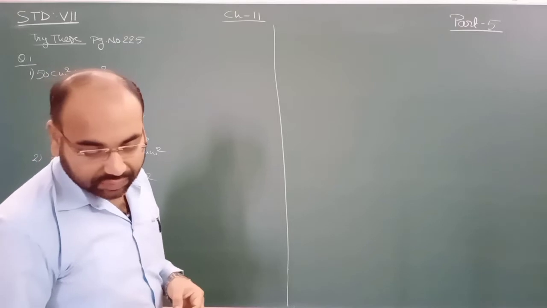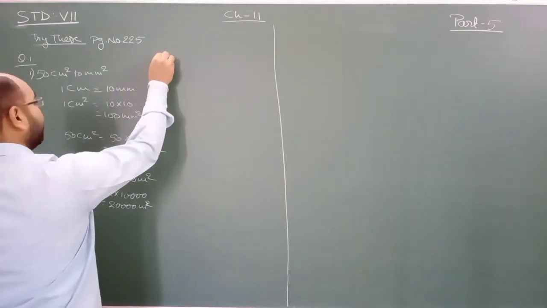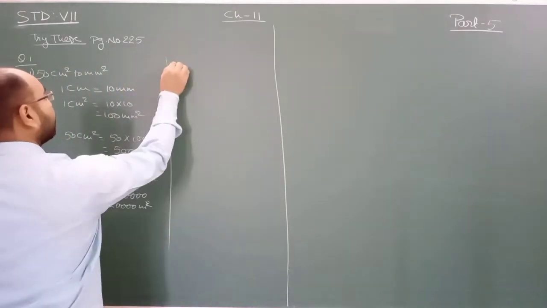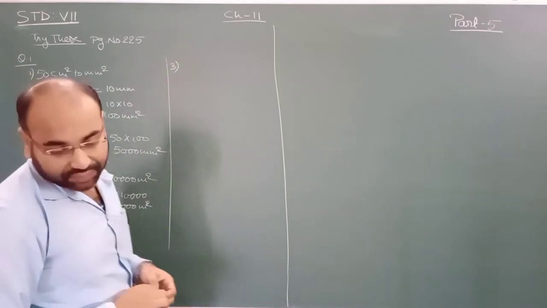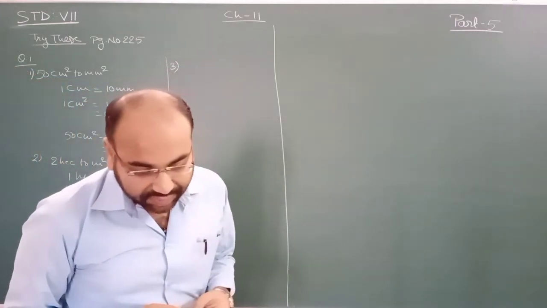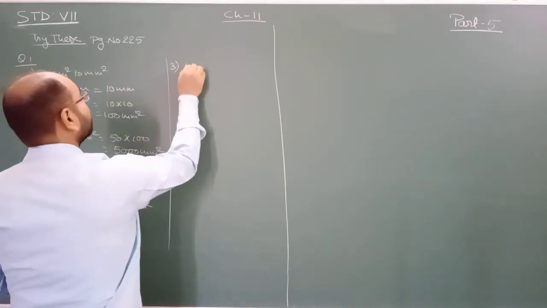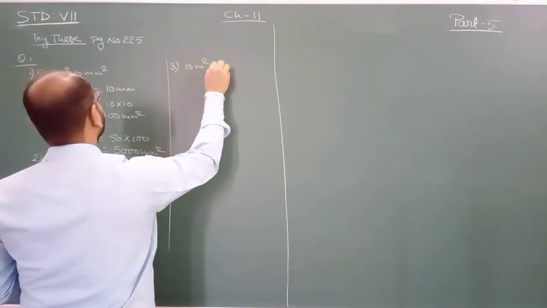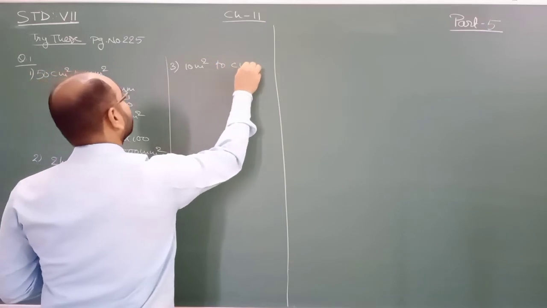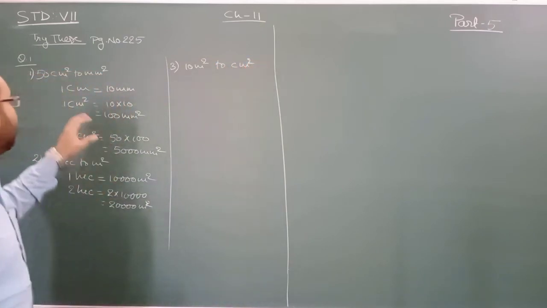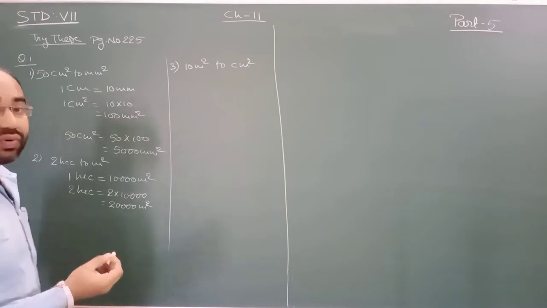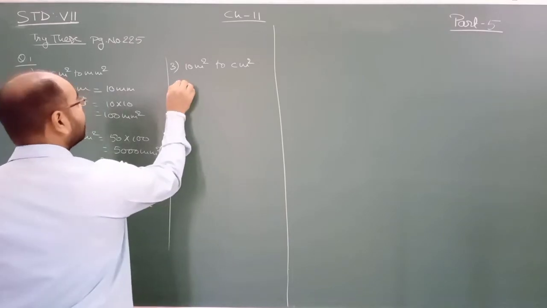If we go to the third one, it is given 10 meter square in centimeter square. So 10 meter square to centimeter square. In the same way we will convert. First, 1 meter square is equal to how much centimeter square.